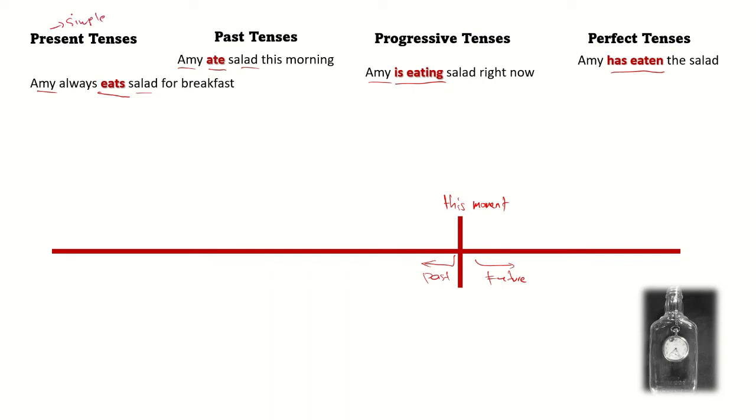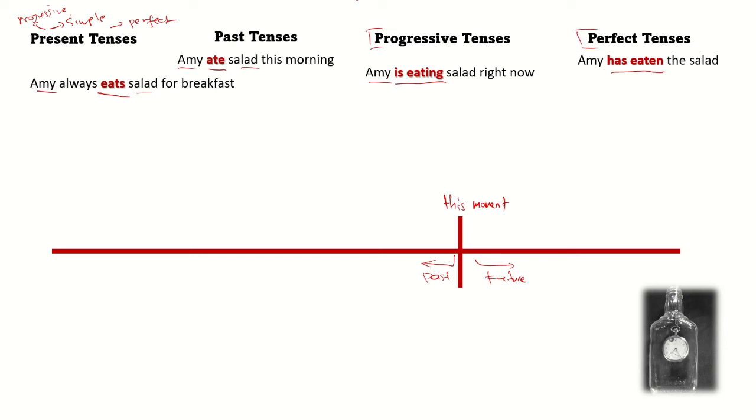So the present tenses or the past tenses come in simple form or in progressive form or in perfect form. Yep, that's right. I'm talking about these types of tenses.